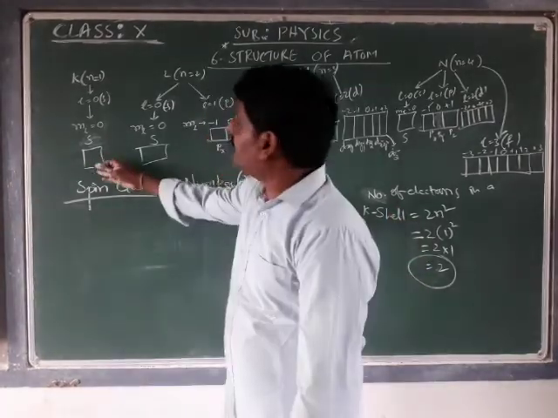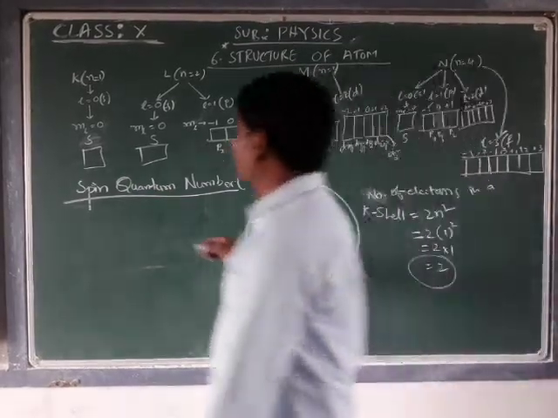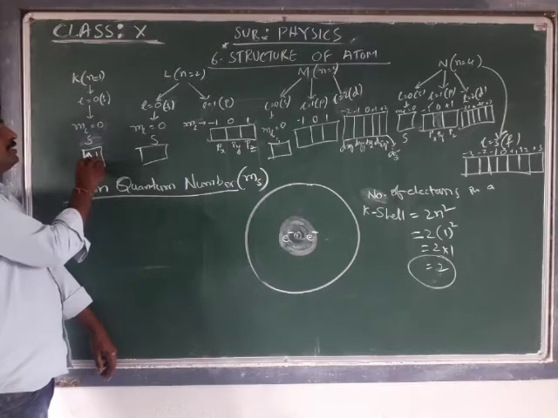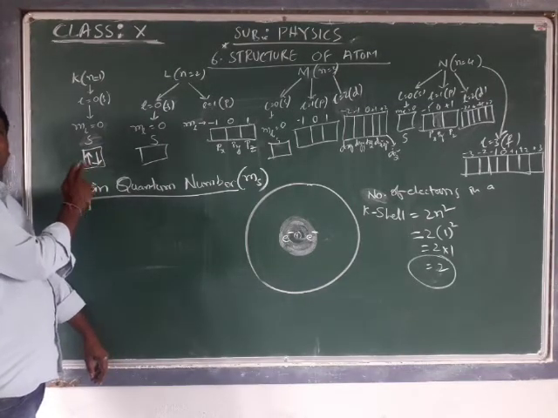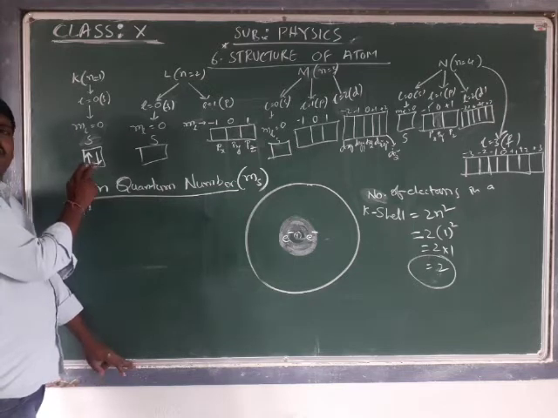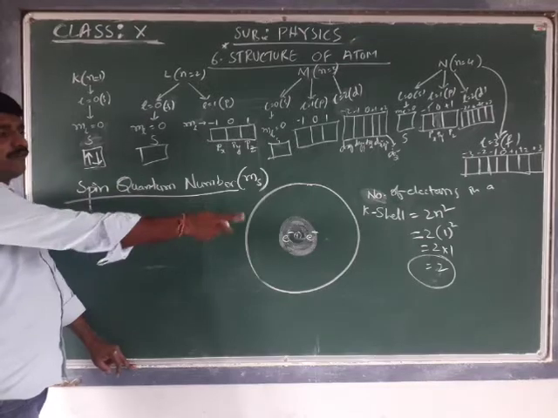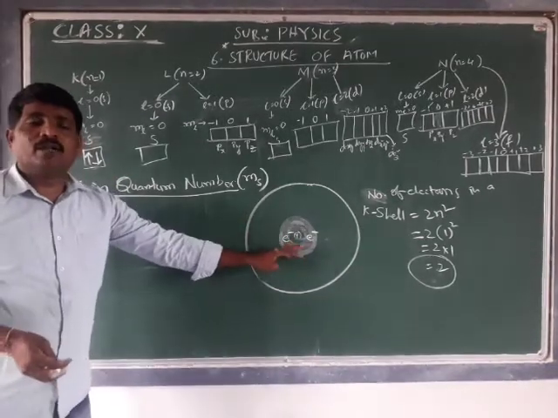That means this orientation can occupy 2 electrons, electron 1 and electron 2. How do we represent these electrons? One electron is like this, one electron is like this. This notation is used to represent the electrons which are revolving in a respective orbital. This orbital contains 2 electrons.